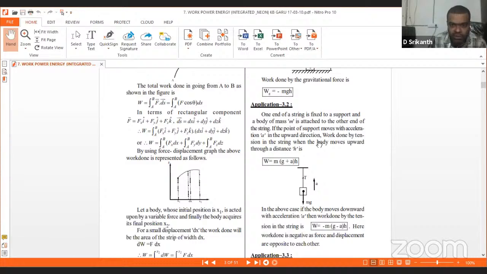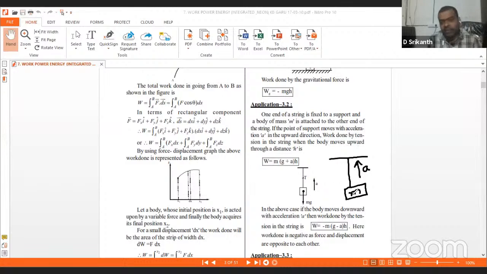If the point of support moves with an acceleration a in the upward direction, find the work done by tension in the string when the body moves upwards.